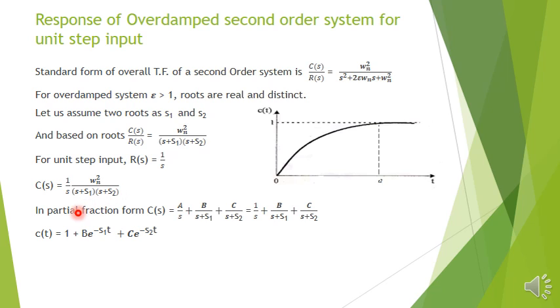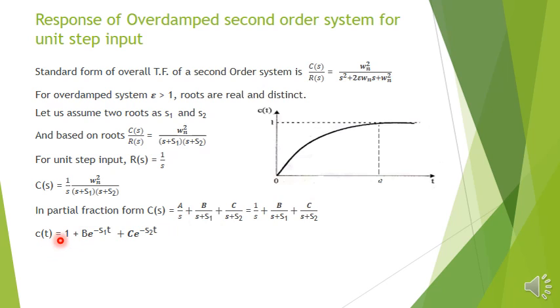In partial fraction form, A/s plus B/(s plus s1) plus C/(s plus s2). I'll calculate only A, which is a constant 1, and B and C are some expressions. I'll retain these as constants B and C only; they are not functions of s.